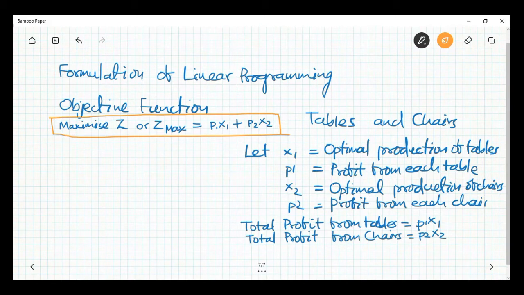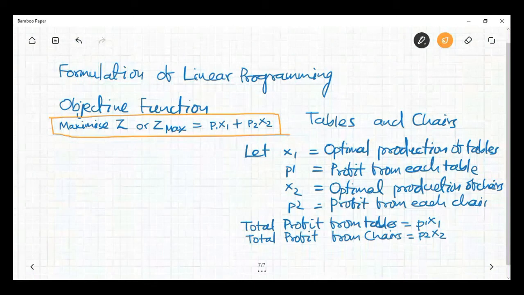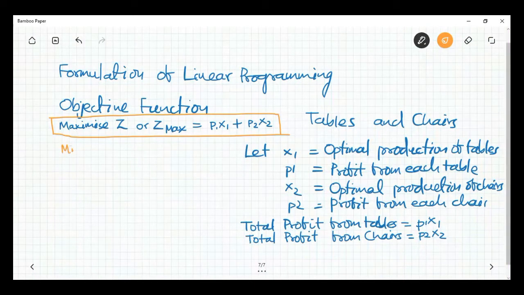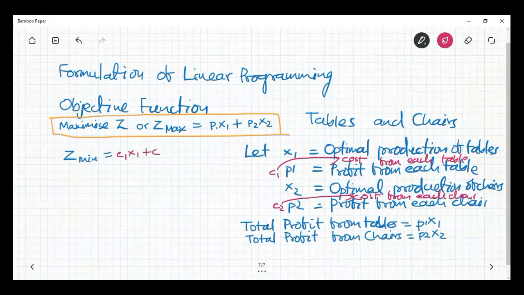I can also write minimize: C1 is the cost of each table, C2 is the cost of each chair, so minimize C1 x1 plus C2 x2. I can write this way.